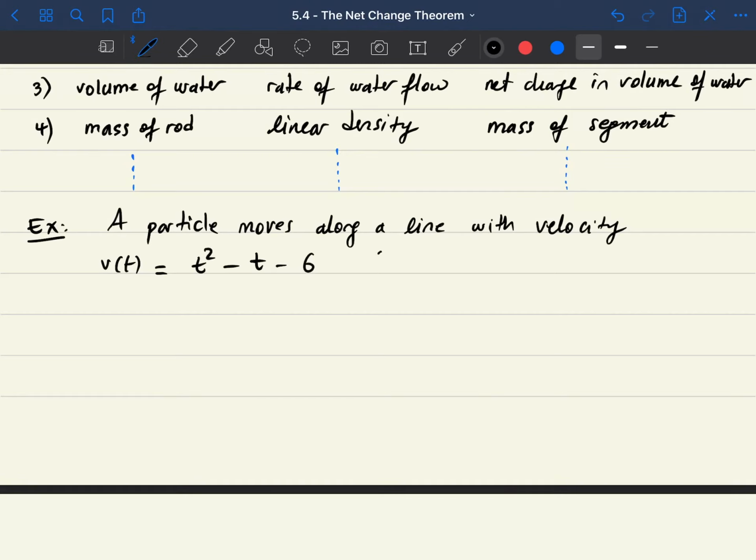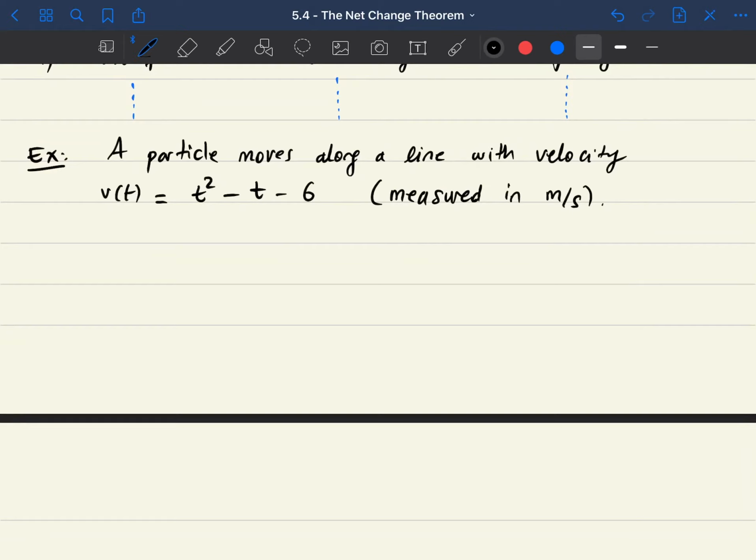Let's say this is measured in meters per second. Okay, so the first question is, find the displacement of this particle during the time interval from 1 to 4 seconds.